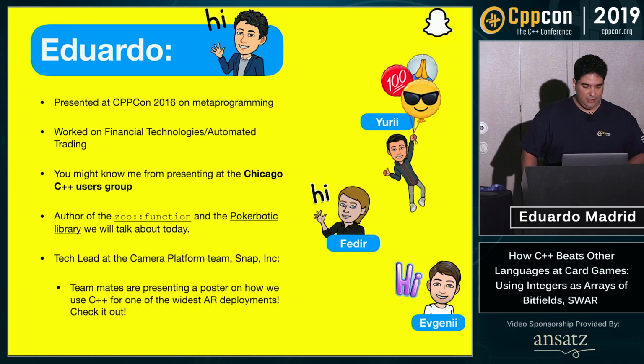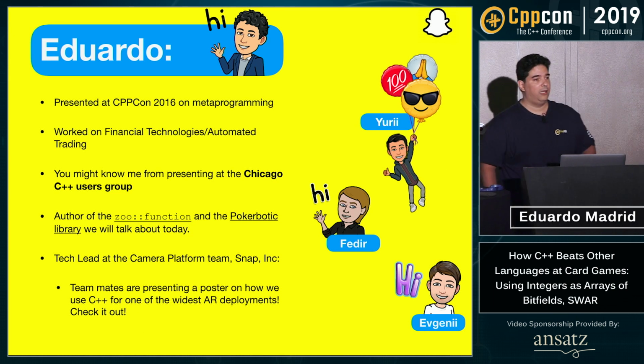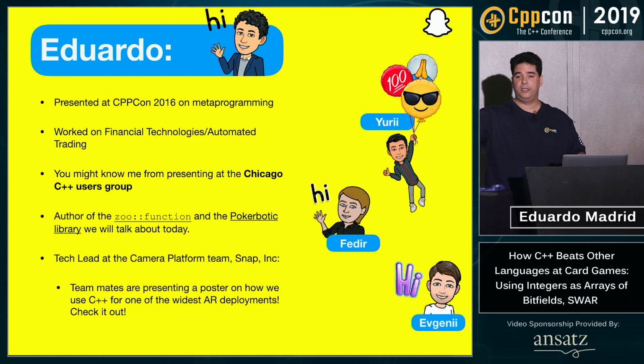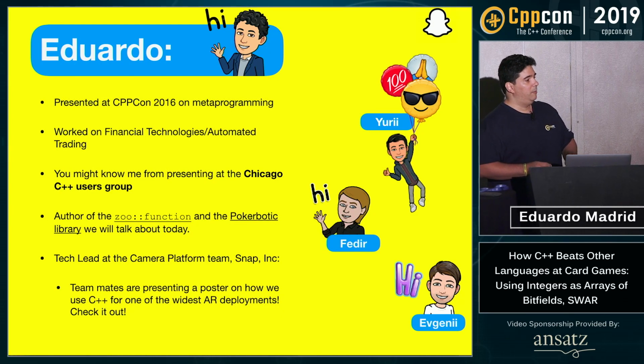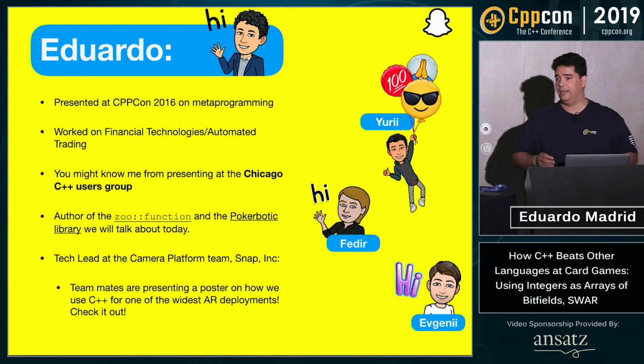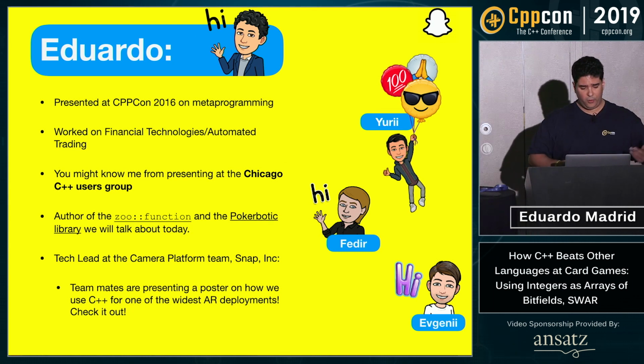I am a tech lead at Camera Platform, and I remind you that my teammates have a poster that shows how Snap deploys the largest augmented reality in the world with the use of C++.